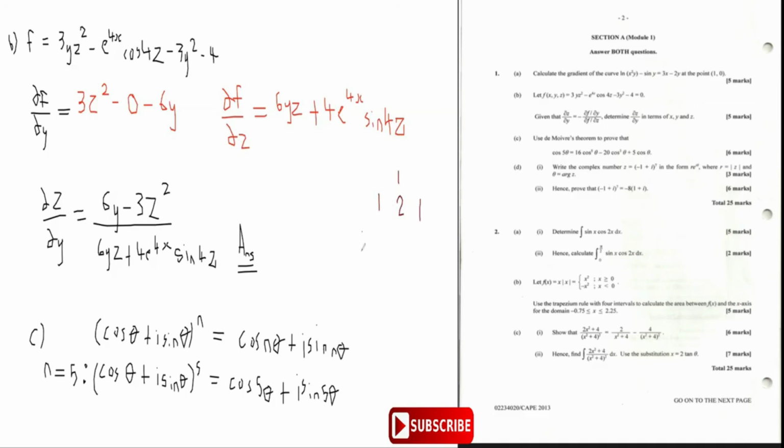Then 1, 3, 3, 1. Then 1, 4, 6, 4, 1. And then 1, 5, 10, 10, 5, 1. This is Pascal's triangle.